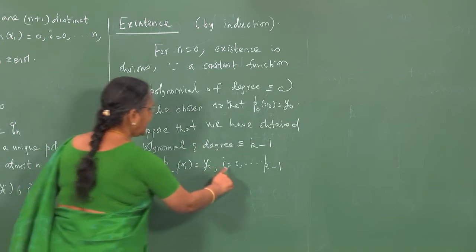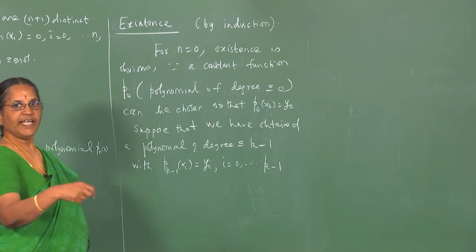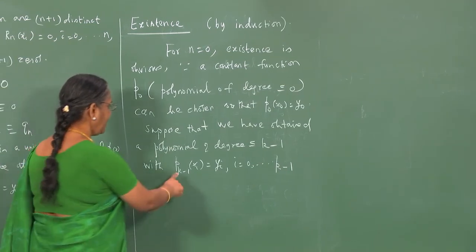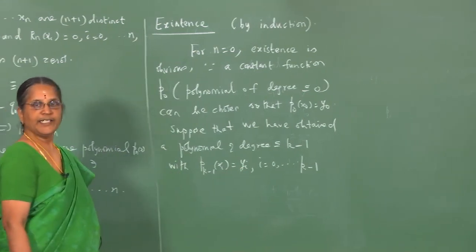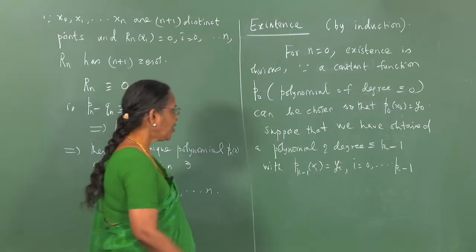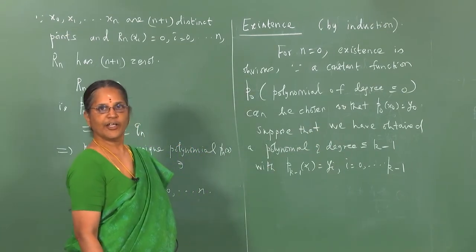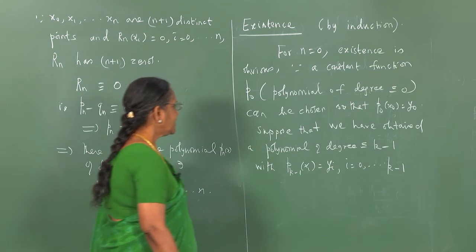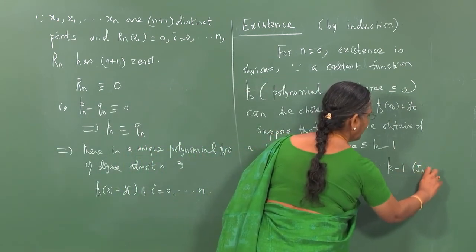So, given information at k points, you can find a polynomial of degree k minus 1 that interpolates at these points xi, yi. So, this is our induction hypothesis.